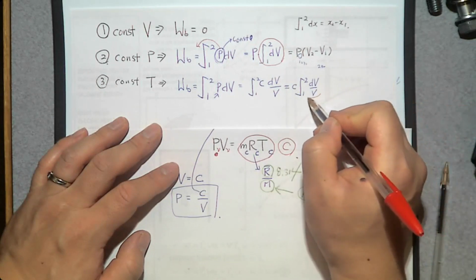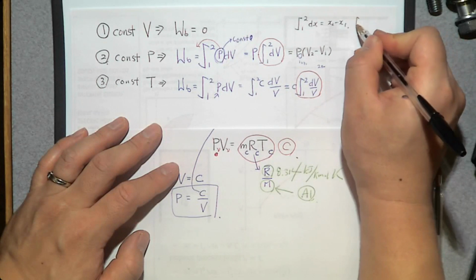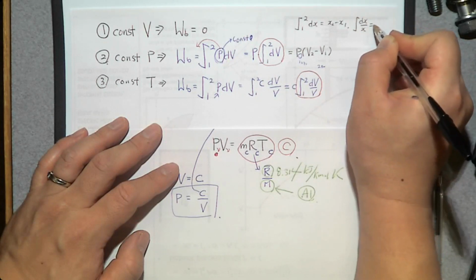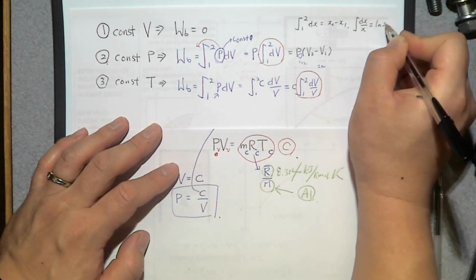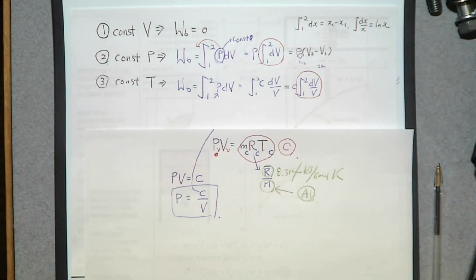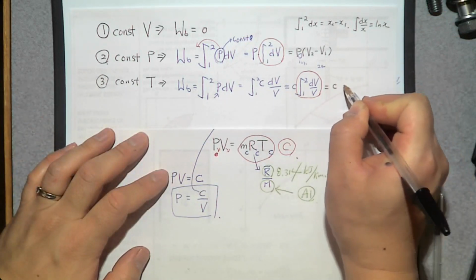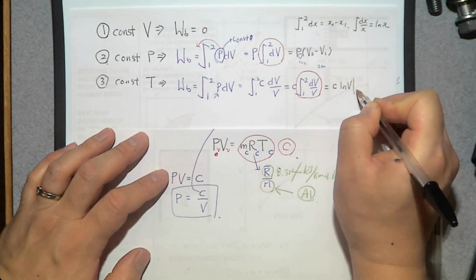Do you know how to solve this one? Integral dx over x. What is the solution for that? Yes, ln x, natural log. So this is going to be natural log of V. So this is C times natural log V from 1 to 2.